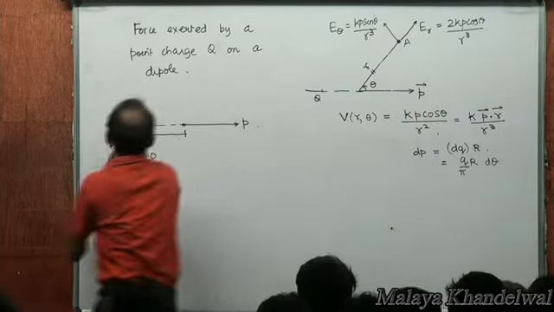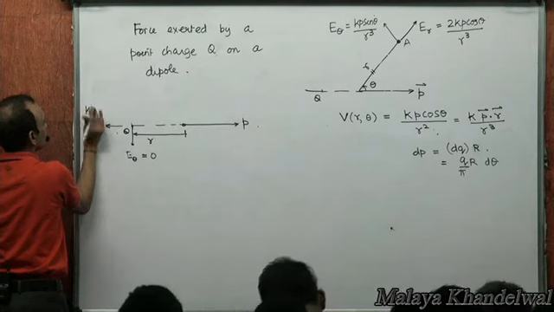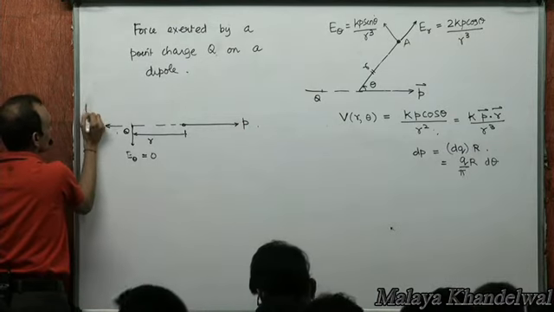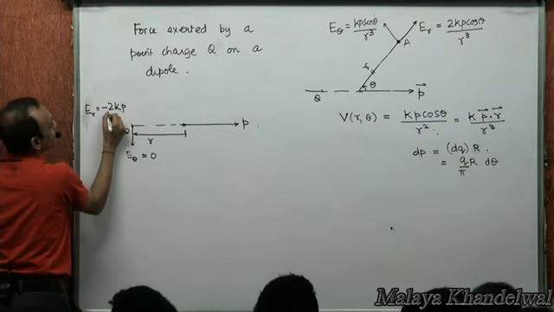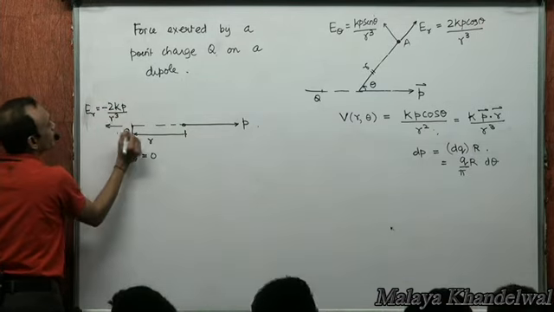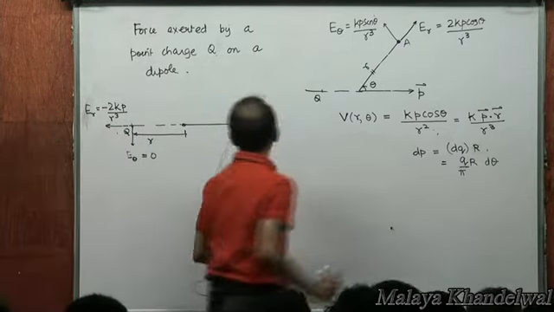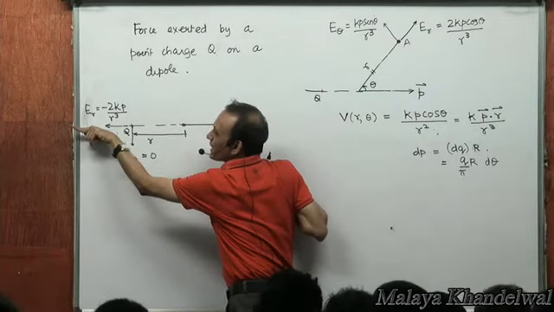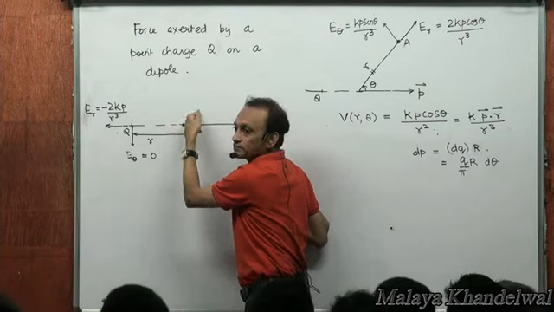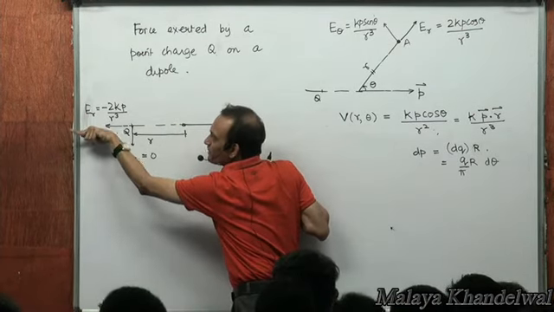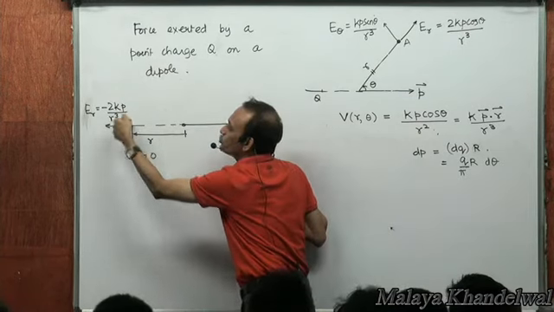So the electric field in the radial direction is minus 2kp by r cubed. Minus 2kp by r cubed leftwards is the same as saying plus 2kp by r cubed rightwards.